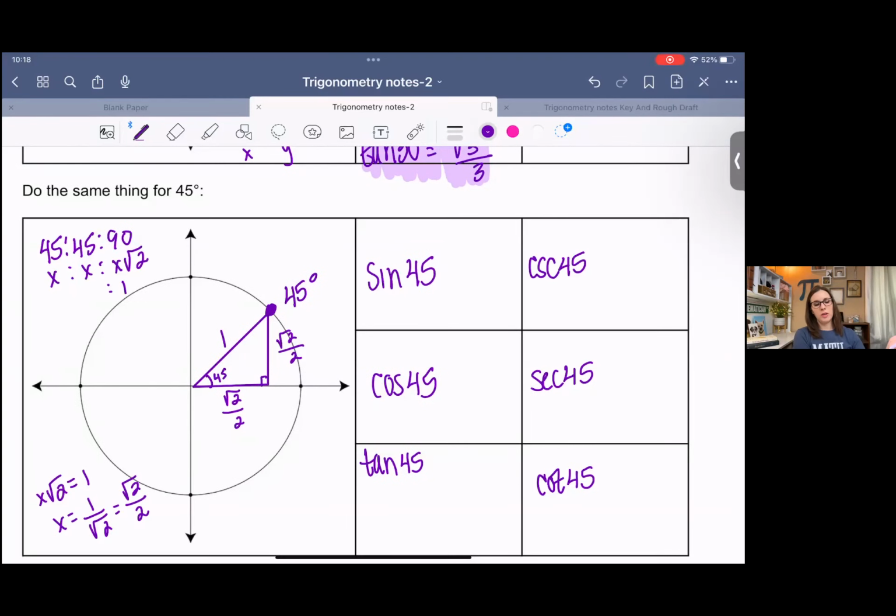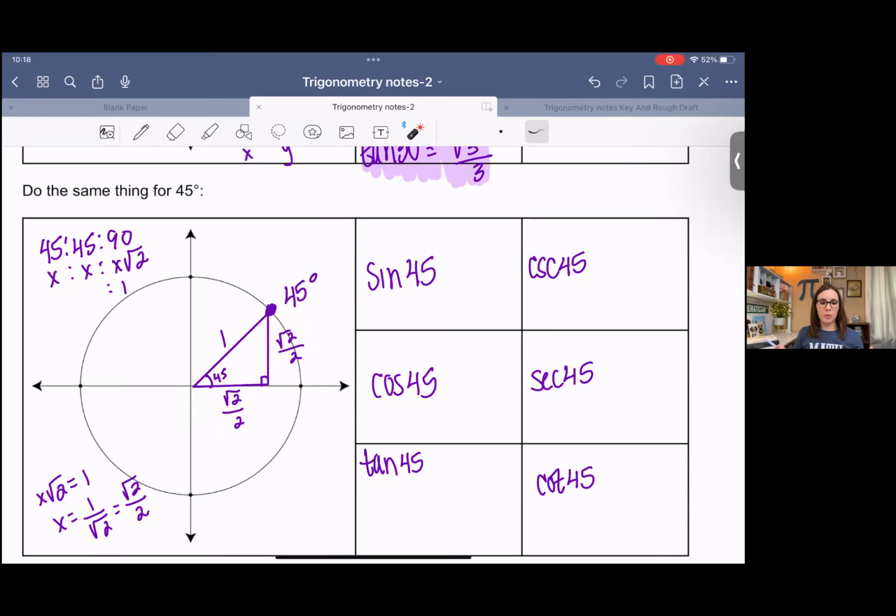So to get started on this, you're going to want to write out the ratio for 45, 45, 90. That's x root 2. We were given the hypotenuse, which was 1, since it's a unit circle. If you solve for x and simplify, you should end up with square root 2 over 2. Now, that gives us x, which gives us the 2 missing sides, since those 2 sides are equal. So I put those here, root 2 over 2, root 2 over 2.